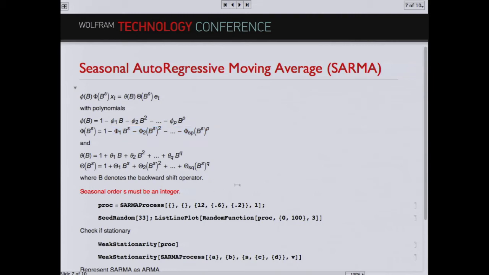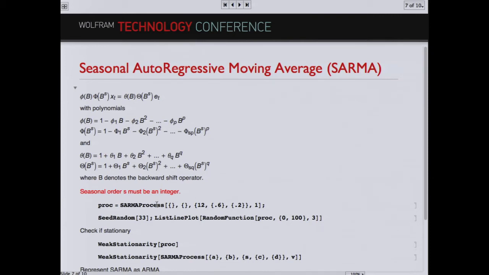That means I can have the standard autoregressive dependence, the linear combination of the previous values, plus the seasonal autoregressive dependence, meaning I depend on the linear combinations of the past values that happened every season going back in time.